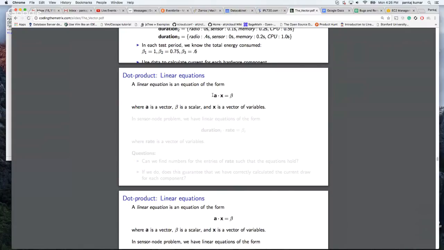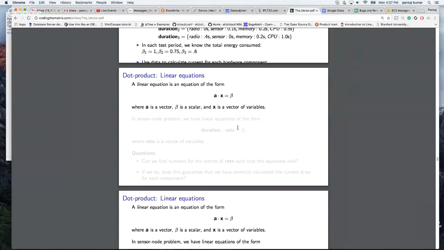So you could write it as something like this, where A is a vector, beta is a scalar, and X is a vector of variables. So A is a vector of, for example, real numbers, and X is what you have to find, the variables, and beta is something you know, again a set of real numbers.